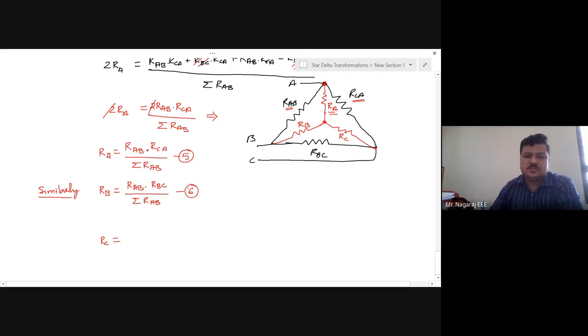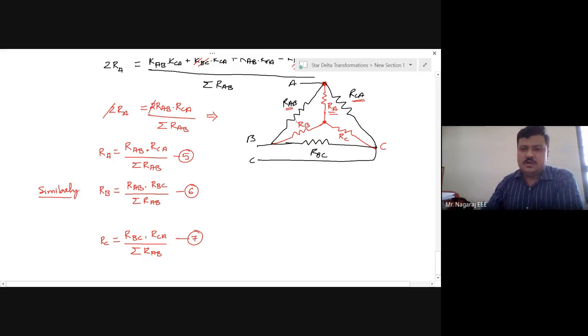This is equation 6. Similarly, RC, the resistance connected to terminal C, the resistors are RBC and RCA. So RC is equals to RBC into RCA divided by summation RAB. This is equation 7.